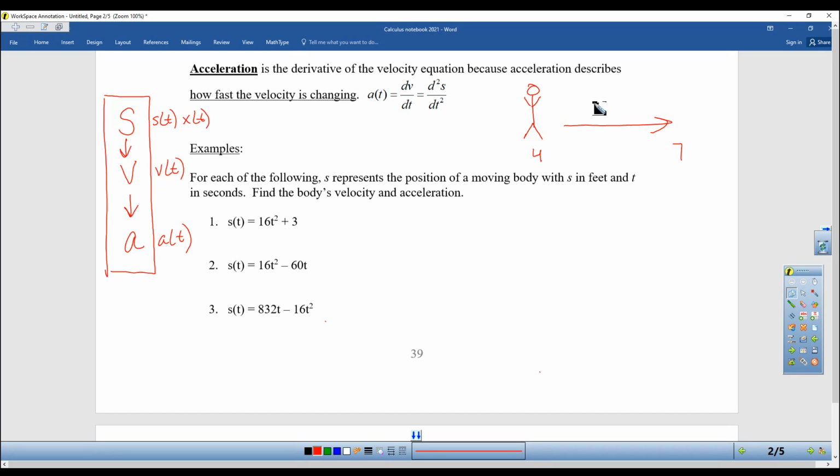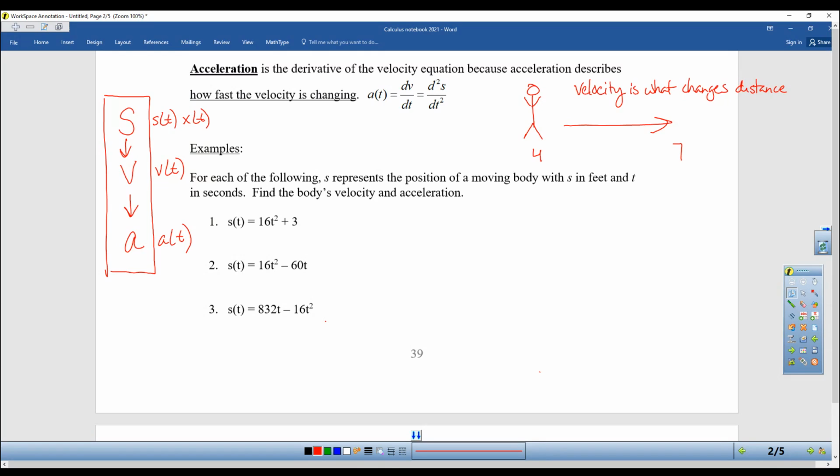I need velocity. Velocity is what changes distance. And change means slope, and slope means derivative.